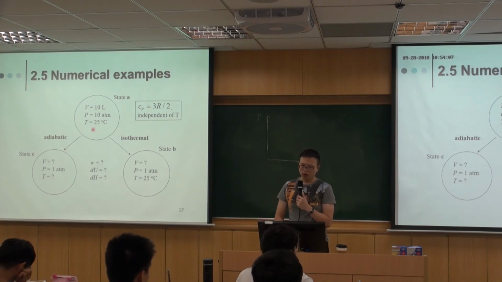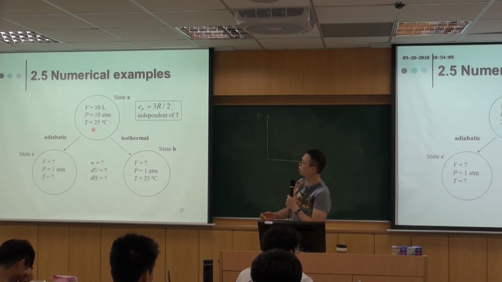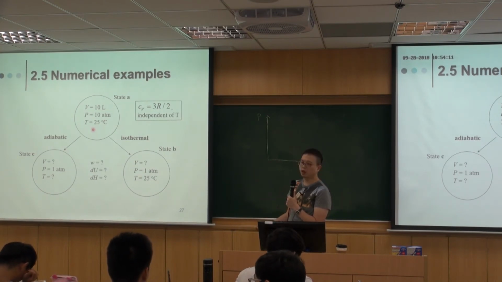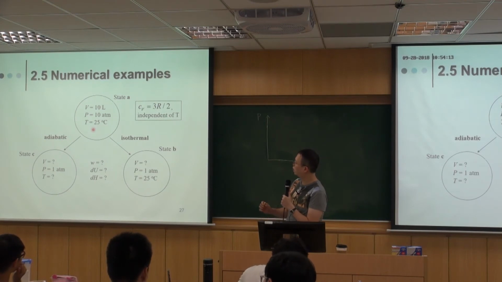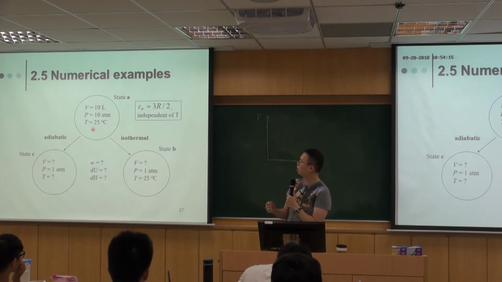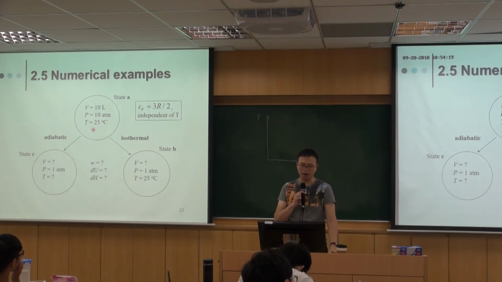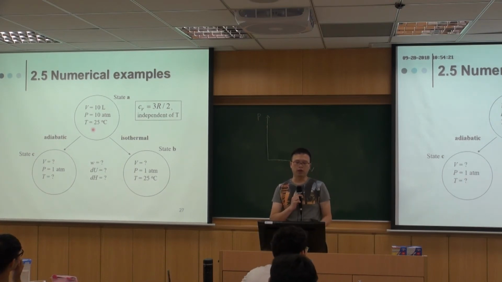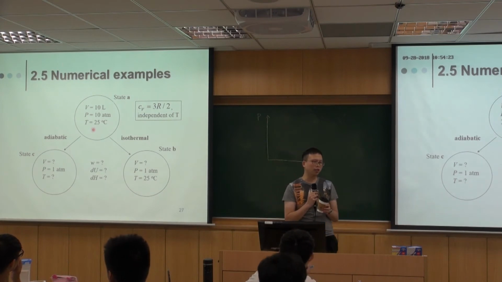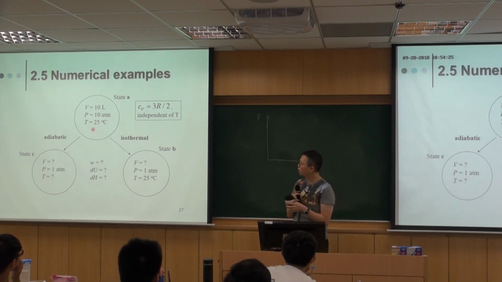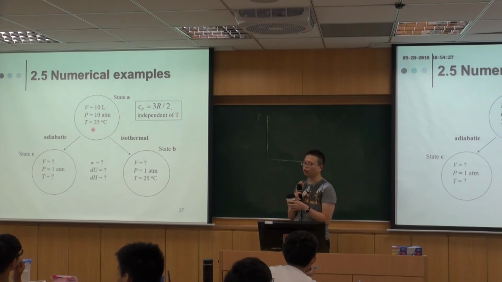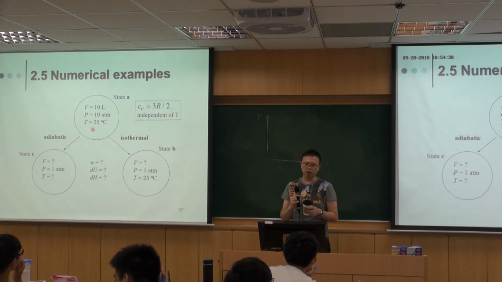Also in this textbook, when you calculate something and the numbers are a little bit off from the answers the textbook provides, it's okay, because people use different constants or different conversions between temperature scales.